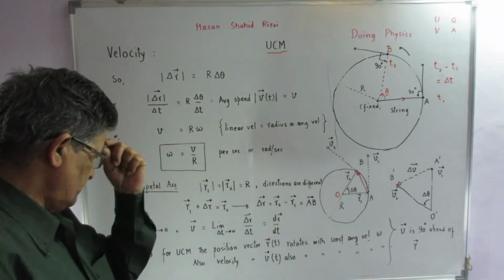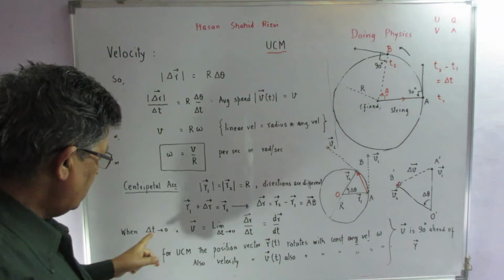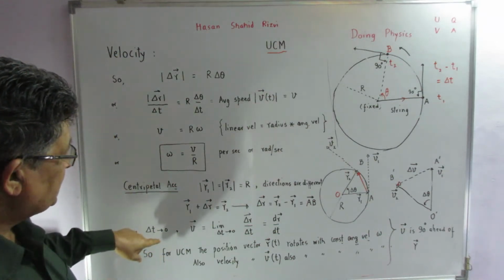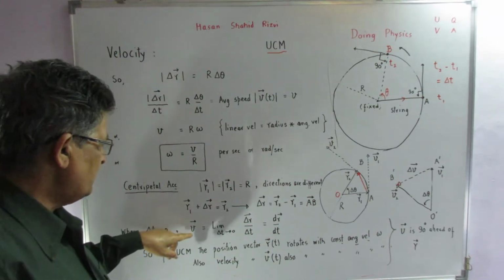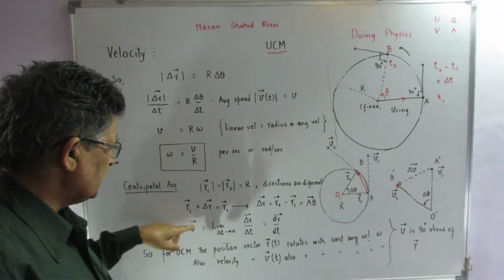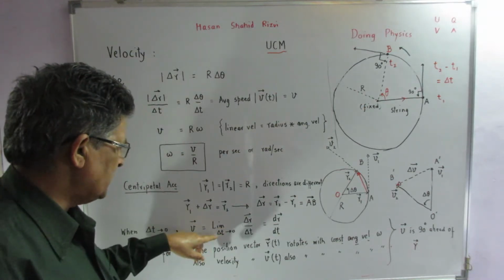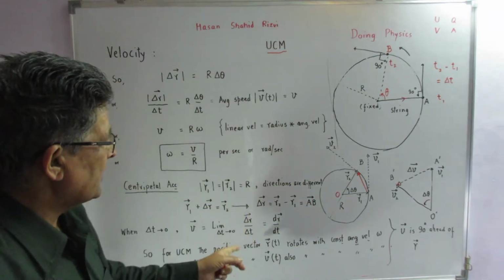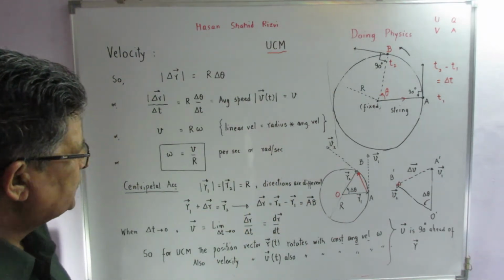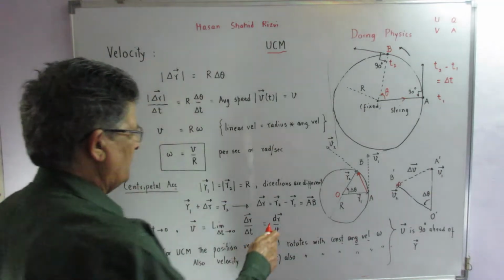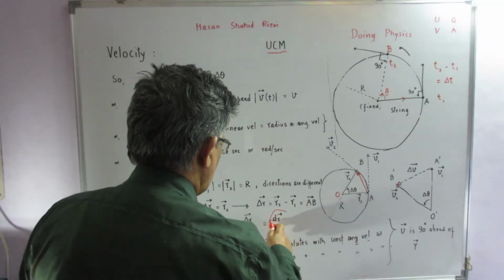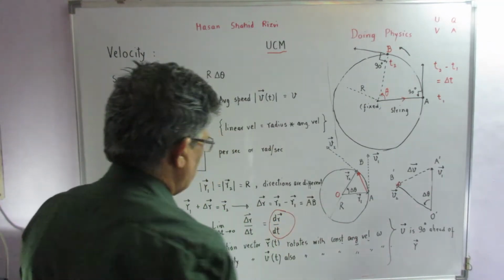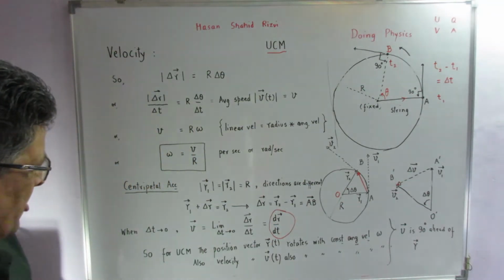So this is AB, and when delta t tends to 0, the velocity at a time t is equal to, in the limit that delta t tends to 0, delta r divided by delta t, which is the differential, the rate of change of r with time.